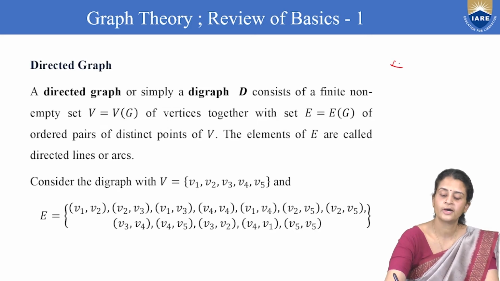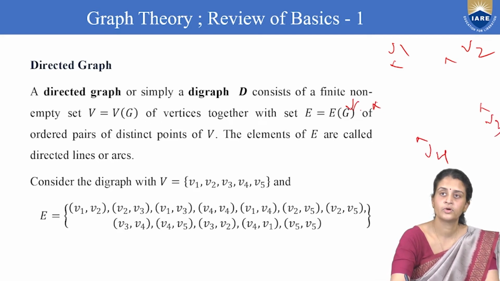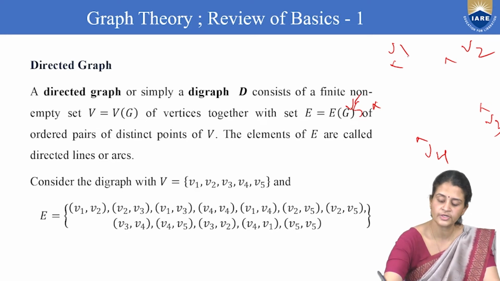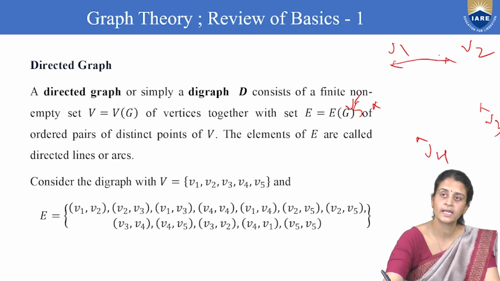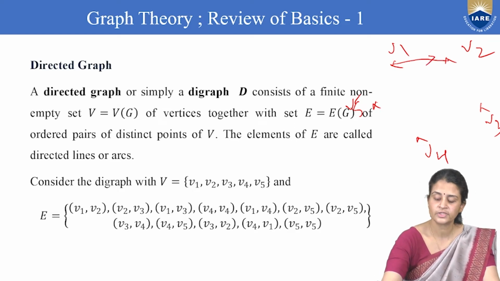We have points V1, V2, V3, V4 and V5. Now the first line is that V1 is joined to V2. So draw the line and just put one arrow. V2 is joined to V3. And then V1, V3.